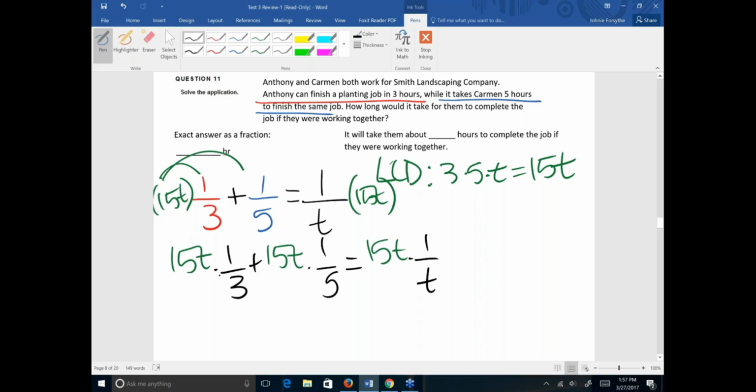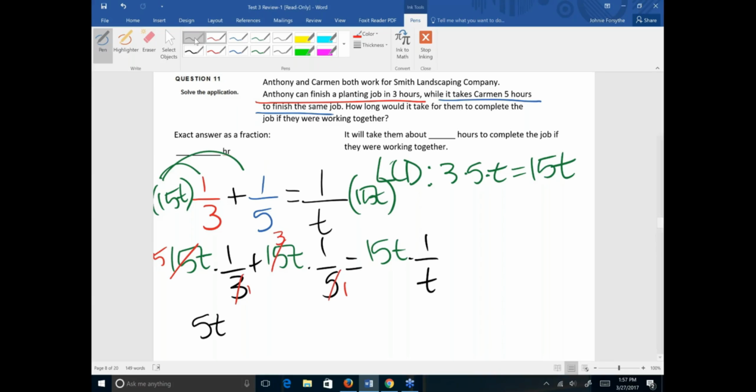So 15t times 1/3, if we look, 15 divided by 3, 3 goes into 15 5 times, 3 goes into 3 1 time. So now we just have 5t times 1, so that's just 5t. All right, so now 15t times 1 over 5, 5 goes into 15 3 times, 5 goes into 5 1 time.